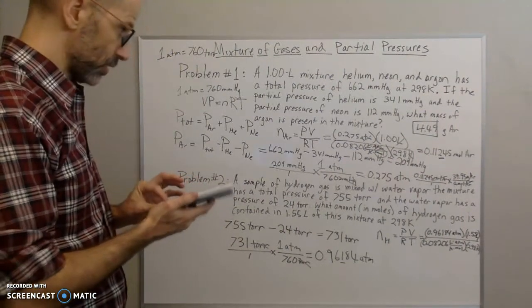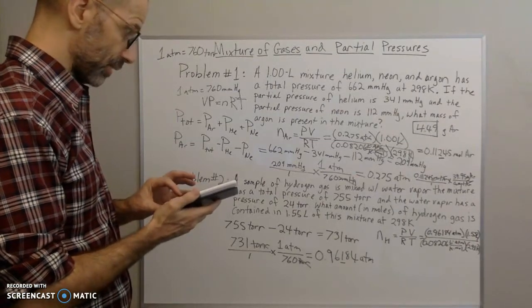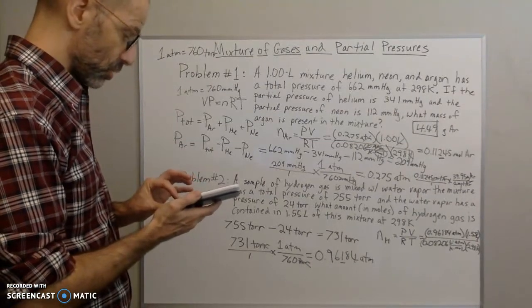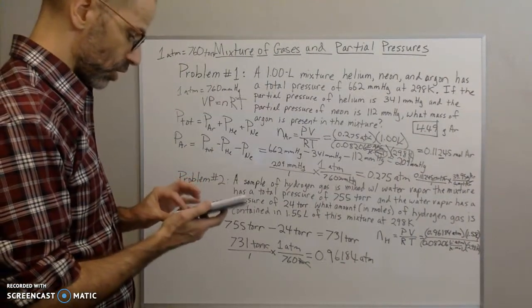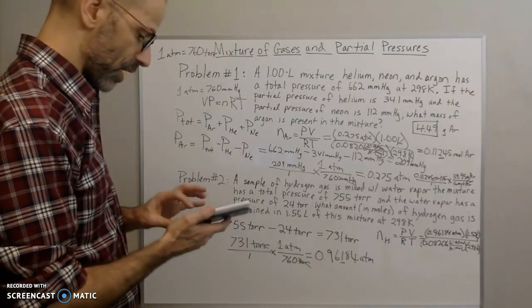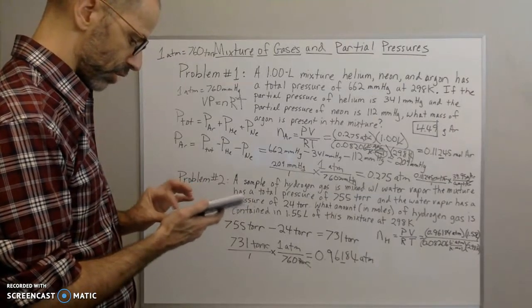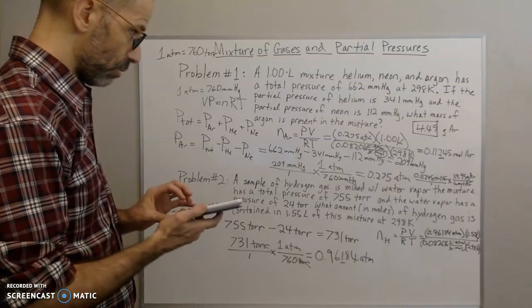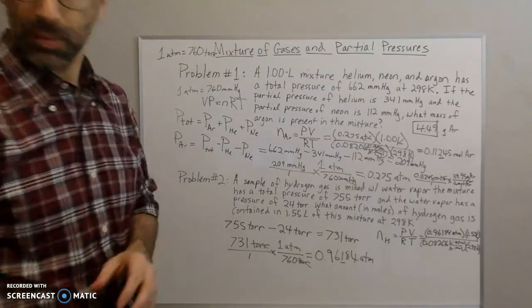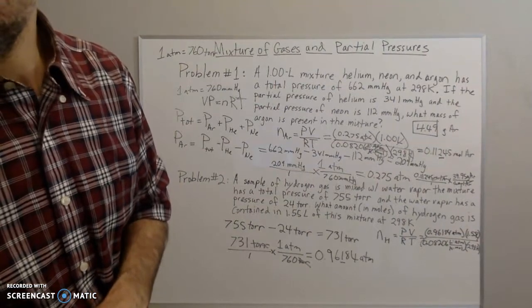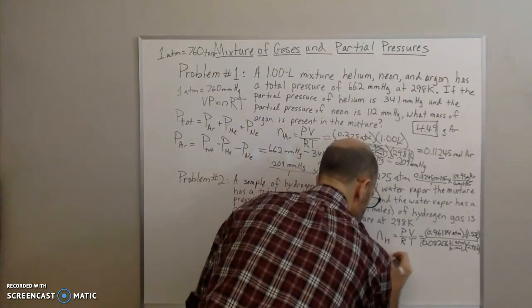So I have 0.96184 times 1.55 divided by 0.08206 divided by 298 equals, and so I get 0.0609.